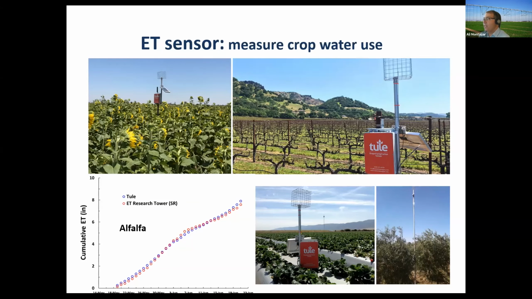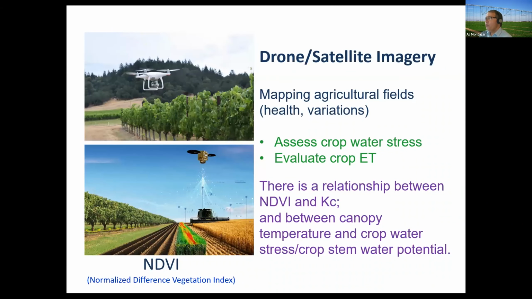We observed about 5% difference between the result of my tower and Thule, which I think is not significant and is reliable for growers to use these sensors. We can also use drone and satellite to evaluate crop ET and crop water stress.